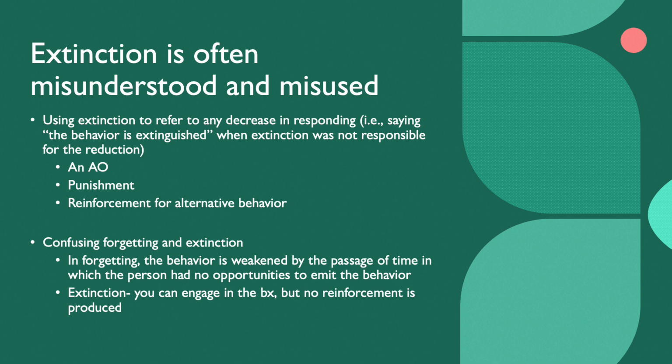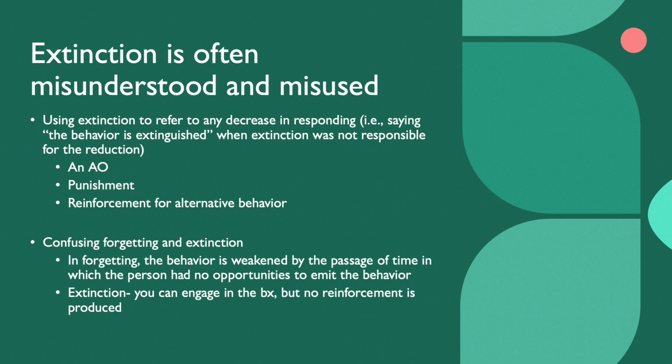And then finally, a procedure that also can result in the reduction of a behavior is when we reinforce an alternative behavior. So sometimes when we reinforce an alternative behavior that serves the same function as the problem behavior, we'll see an increase in the alternative appropriate behavior, and then we'll see a reduction in the problem behavior.